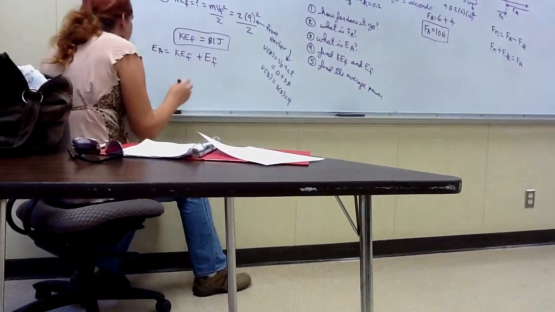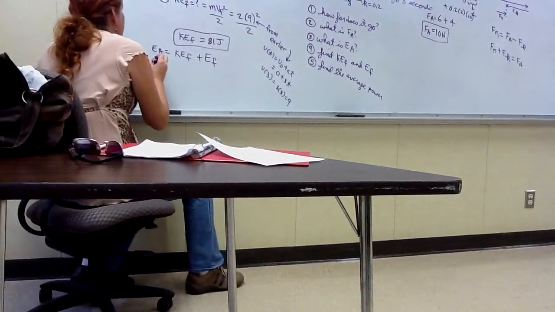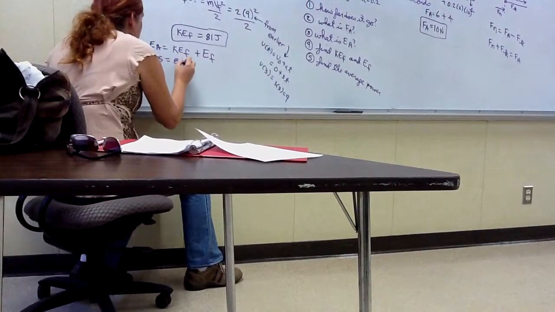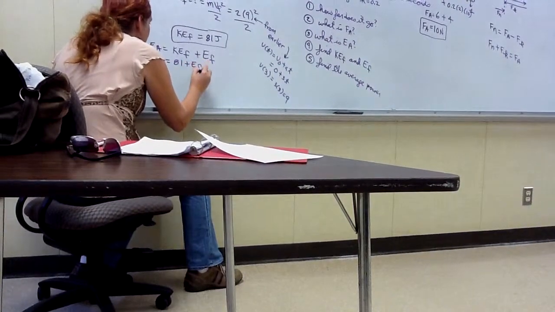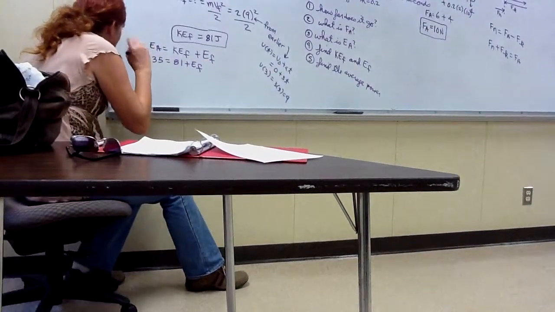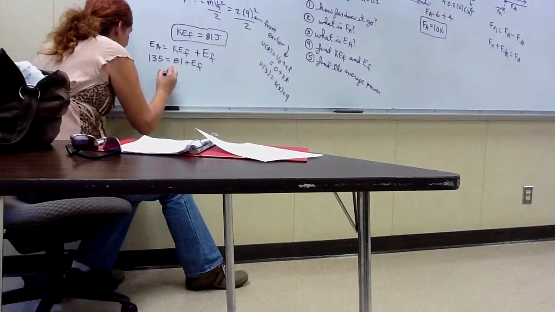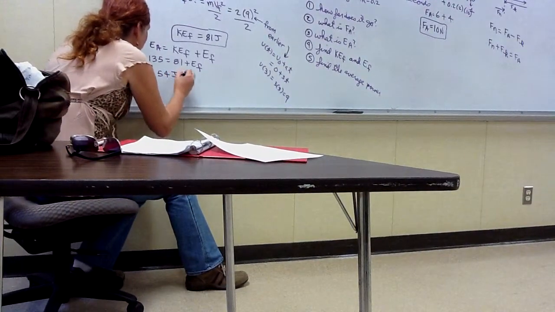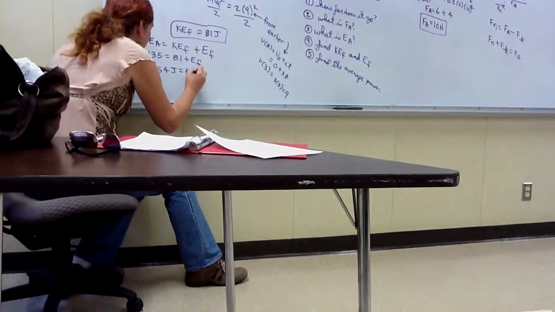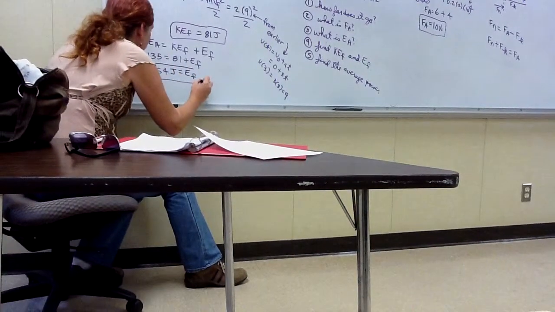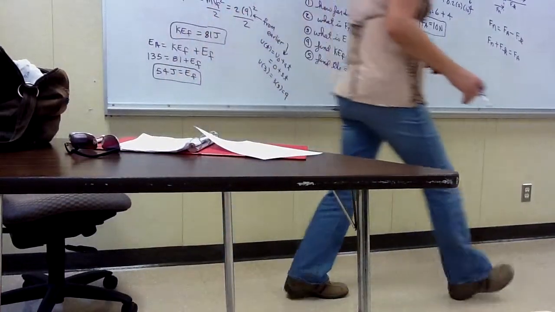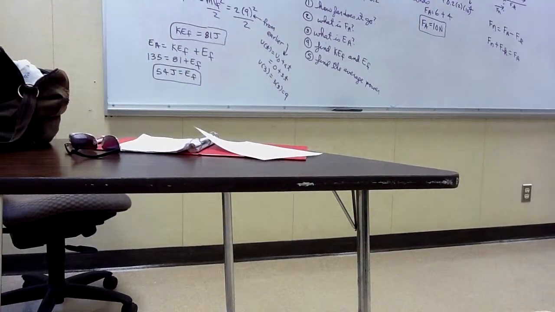So one way of doing it is just 135 equal to 81 plus the energy to overcome friction, and we can do a subtraction, and we should get 54 joules is the energy to overcome friction. So that's one way of doing it. But let's do it the other way too, just to corroborate the answer that we got.